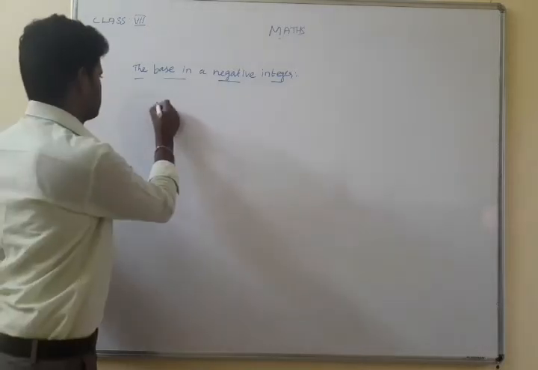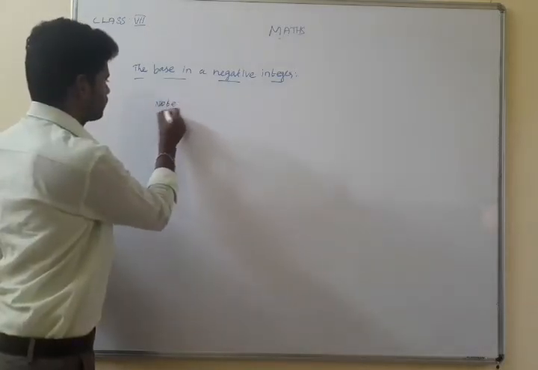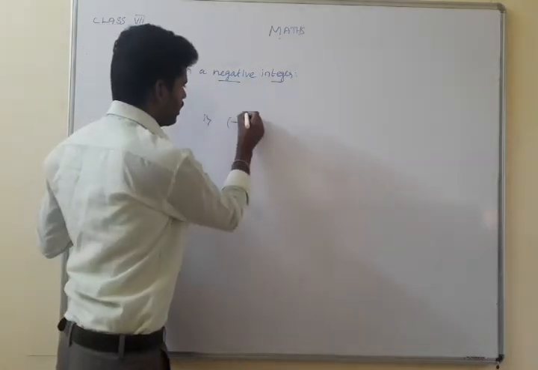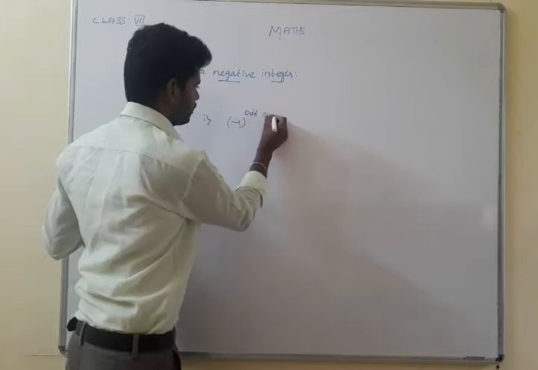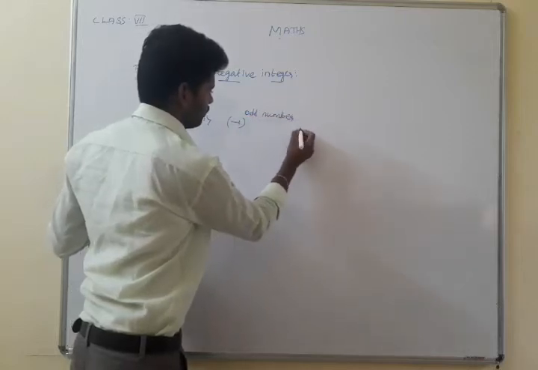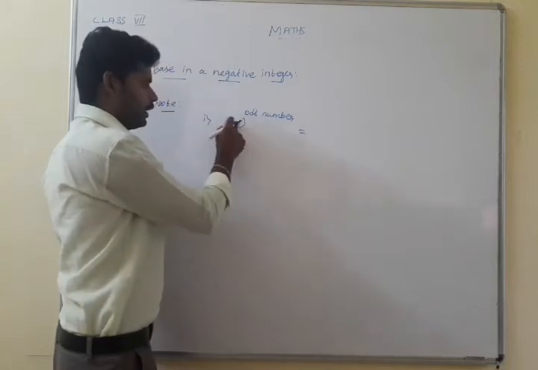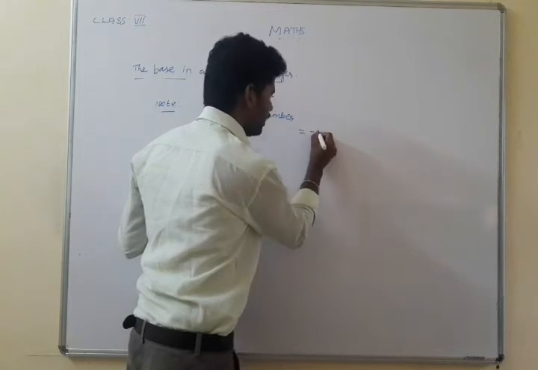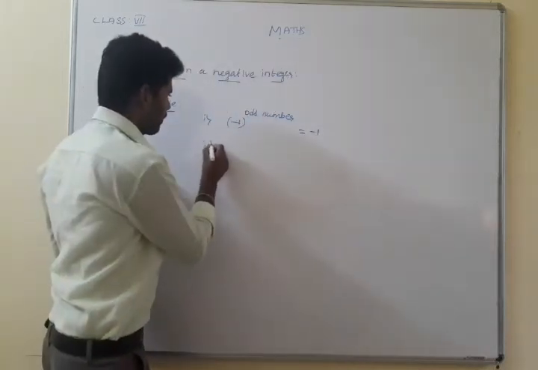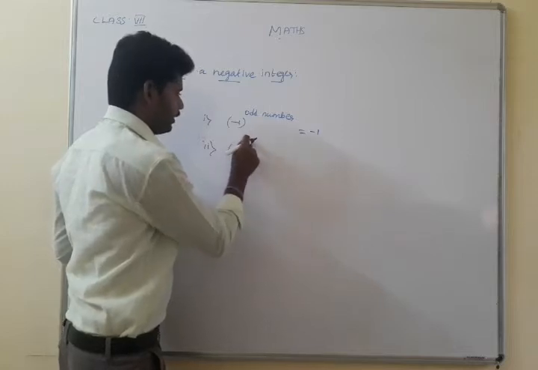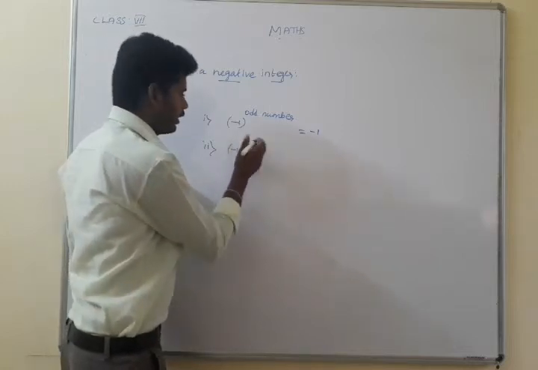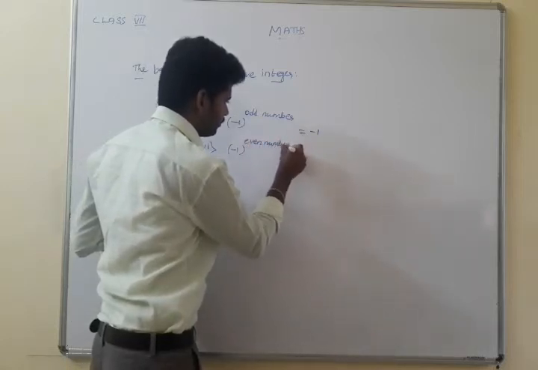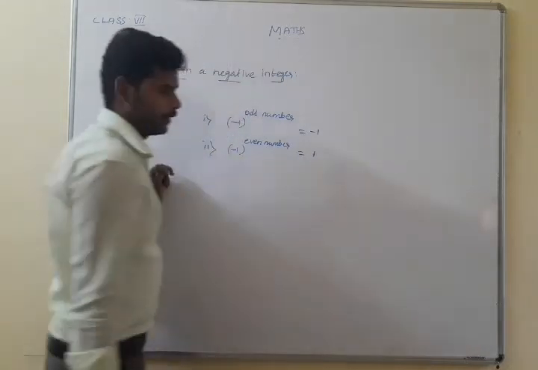Next one, minus 1 power any number. If you take an odd number as the power, minus 1 only comes. If you take an even number, plus 1 comes.